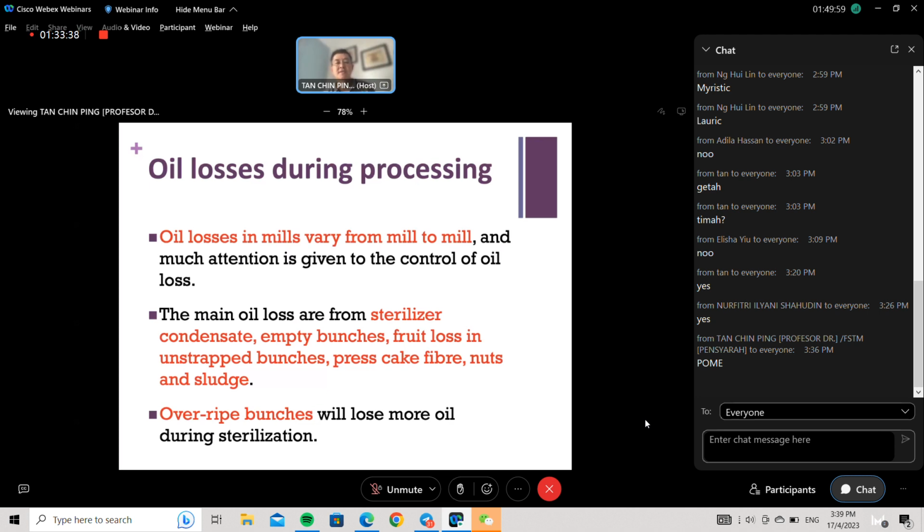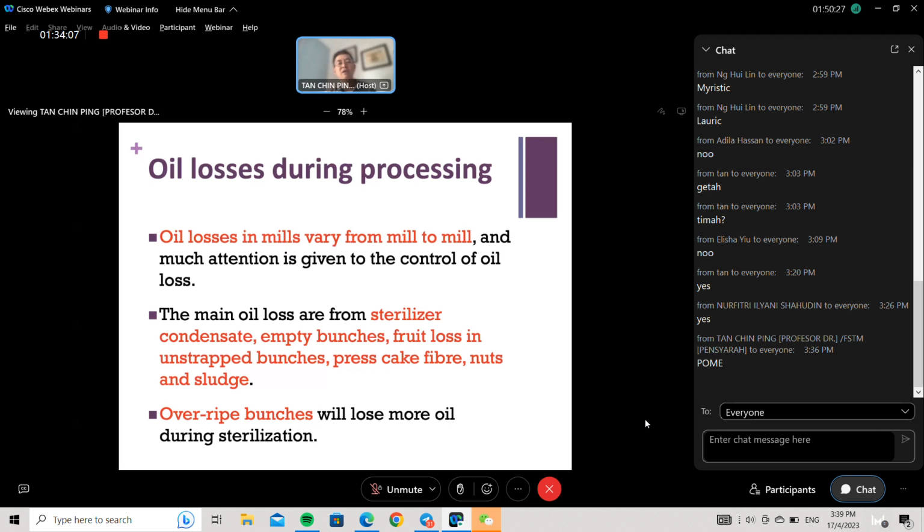Fruit losses in unstripped bunches, or what we call hard bunches. Press cake: pressing cannot be 100% efficient, so you will have 1 to a few percent of oil still in the fiber. And of course, nuts and also sludge will have oil attached to them. Overripe bunches usually lose more oil during sterilization because they are already very soft.